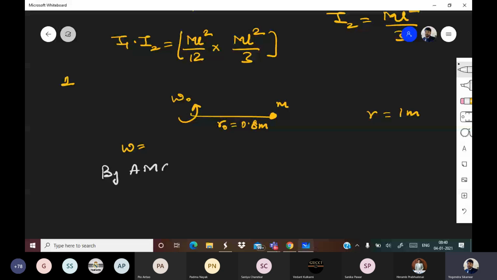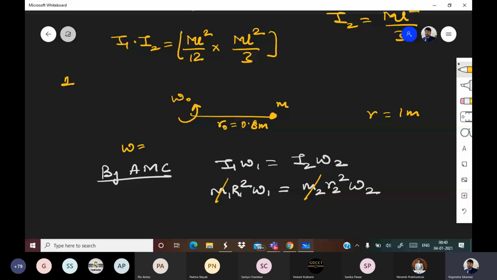I1 is M1 R1 square omega 1, and I2 will be M2 R2 square omega 2. Now pay attention. M1 and M2 both are the same masses, so mass is not changing. So basically omega 1 into R1 square is equal to omega 2 into R2 square.